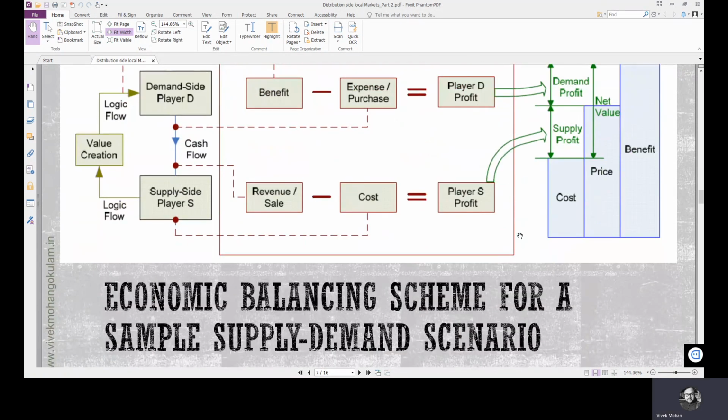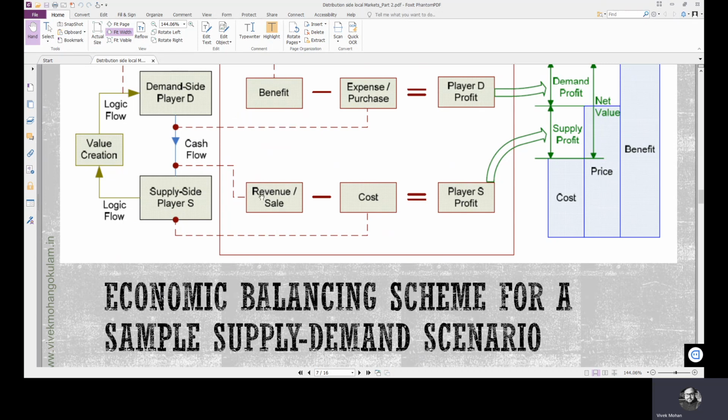Now, moving on to the next slide. Economic balancing scheme for a sample supply demand scenario. So here you can see one demand side player D and one supply side player S. Now for the supply side player S, we know that for any of the stakeholders, the revenue minus expense is the profit. Now what is the revenue for the supplier?